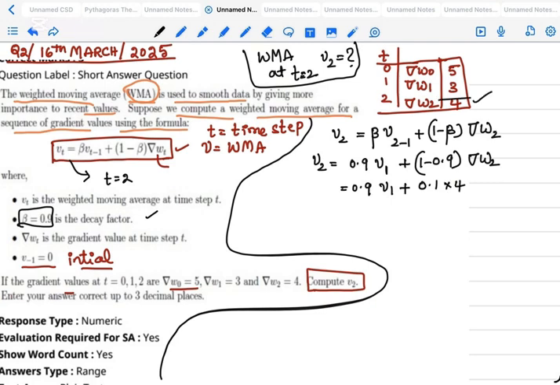That equals 0.9 V1 plus 0.4. So this value is V2. This is the first equation.